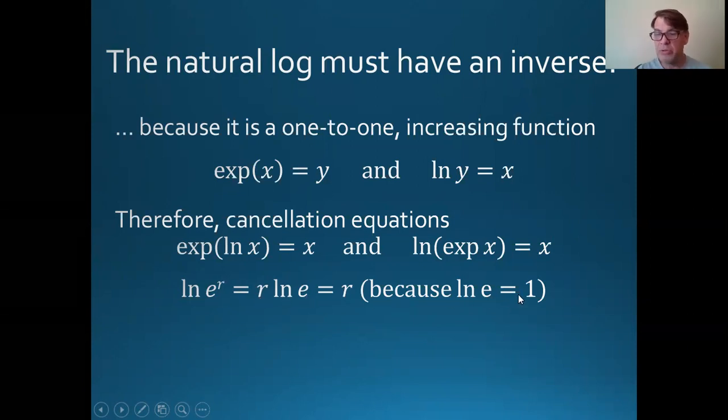Since the natural logarithm of e is 1, we're left with r. So the natural logarithm pulls out the r. And okay, we found it. Yay! The inverse function is e to the r.